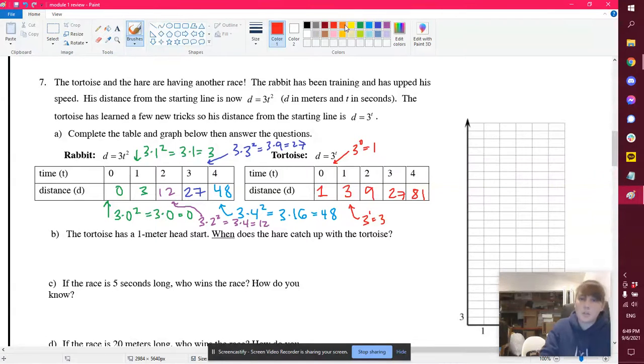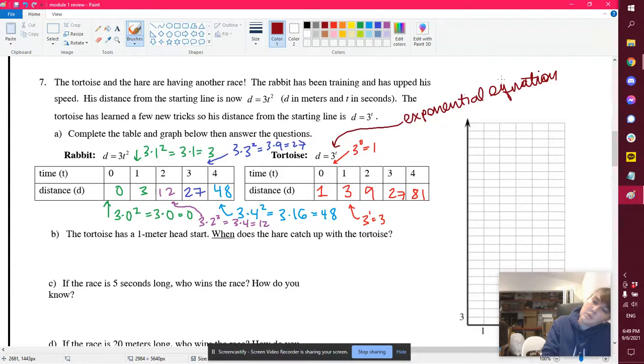This is an exponential equation with ratio 3. So instead of plugging them in, we can just say, oh, we start at 1, and then every time we multiply by 3. So 3 times 3 is 9, 9 times 3 is 27, 27 times 3 is 81. So I don't need to write this out every time.